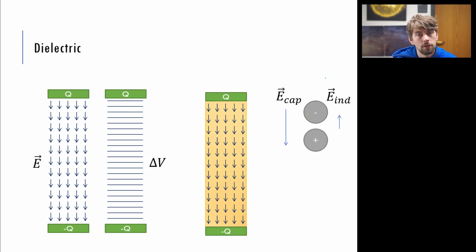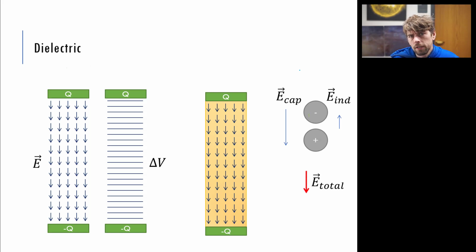So the electric field of the capacitor causes an induced polarization. At any field point inside the dielectric, we have two electric fields now, one due to the external capacitor, and the second due to the polarization of the dielectric material, the material that we've inserted. And so the net electric field is the sum of the two.